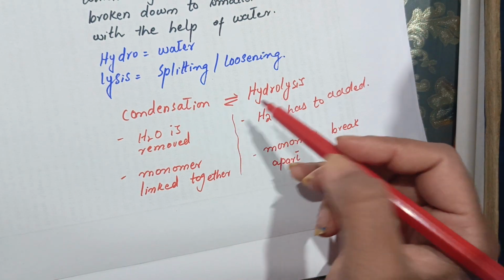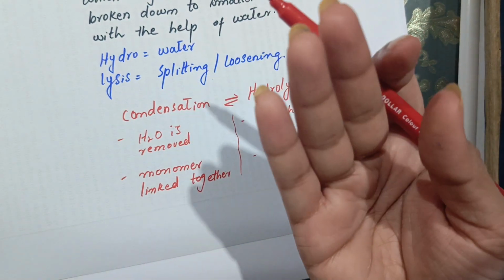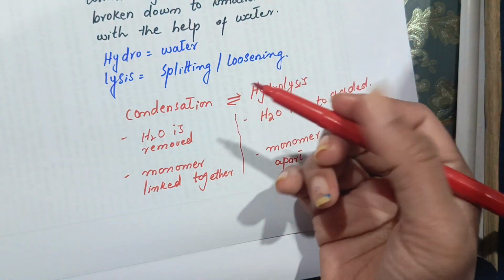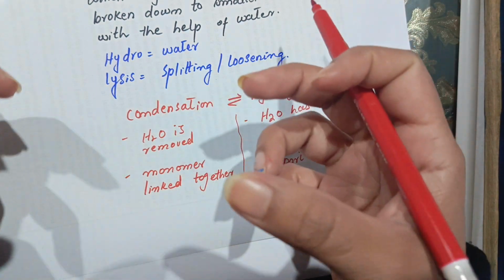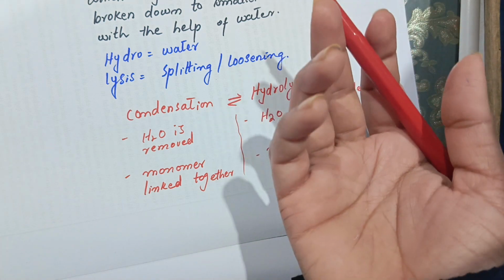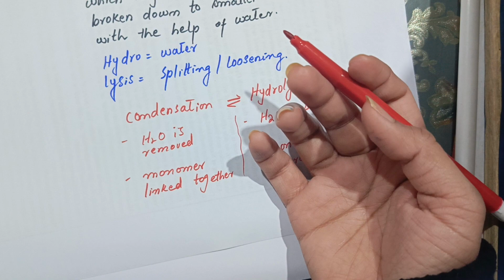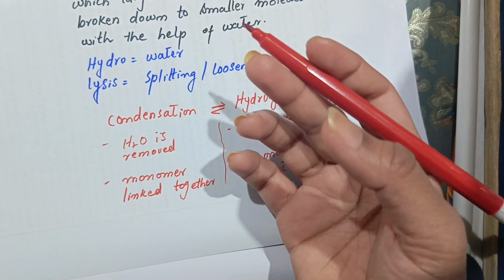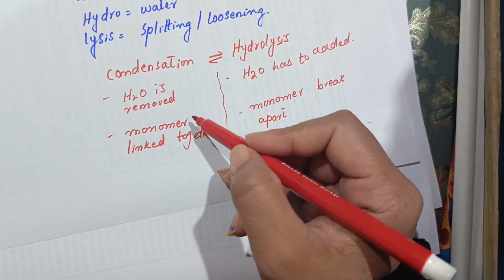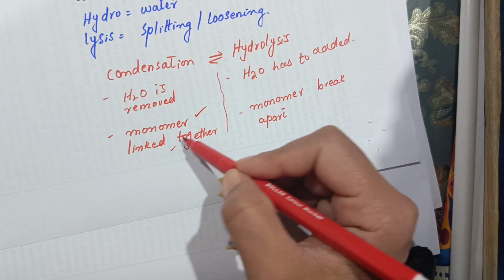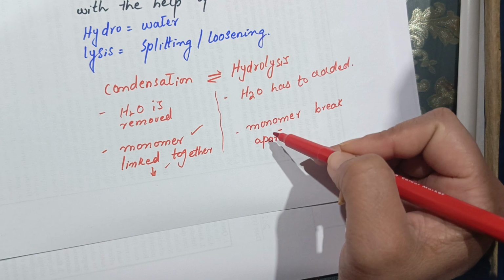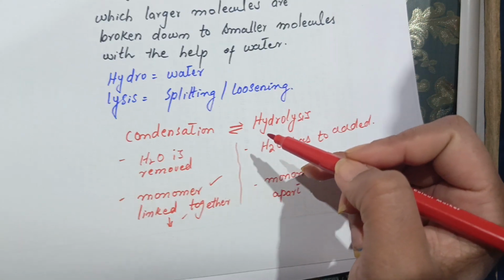Condensation and hydrolysis are opposite reactions, because by condensation monomers combine together and form larger molecules, while in hydrolysis polymers are broken down and the monomers are produced. These monomers are then utilized for energy production or for any metabolic reaction. So during condensation monomers are linked together and water is released, while in hydrolysis water is added and monomers are produced.